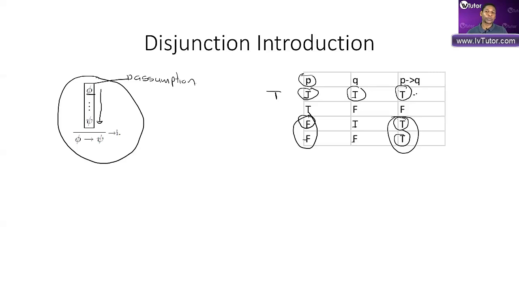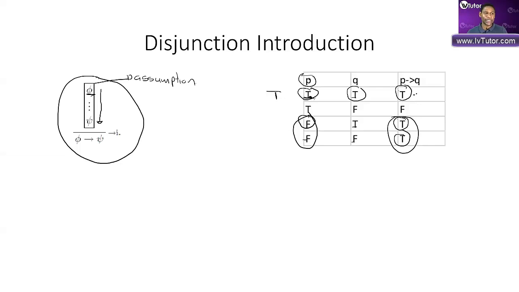If you assume it is true and you are able to prove Q, then we're saying phi implies Q is also true. So that is implication introduction.